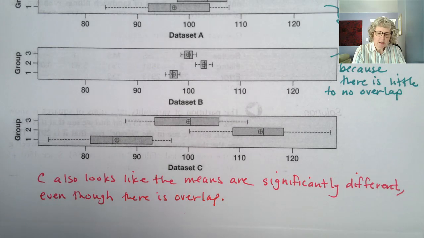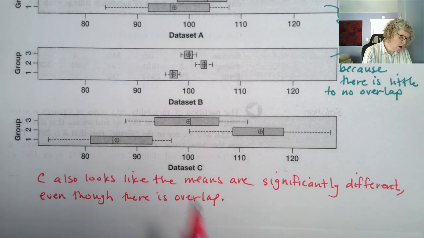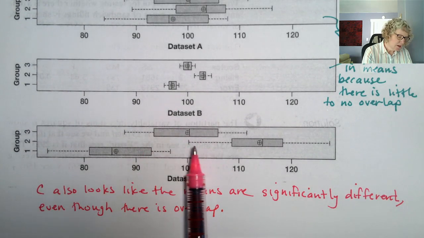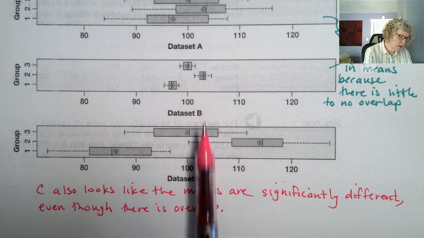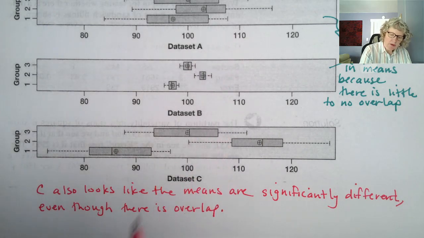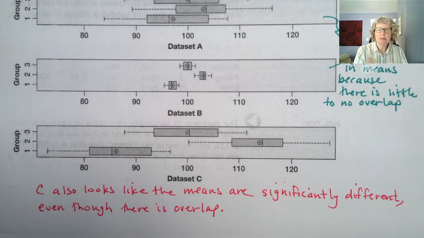Okay, so it really looks like the means need to be further apart to show a significant difference in C than in A, right? If there's more spread, the means need to be further apart to show a significant difference, right?